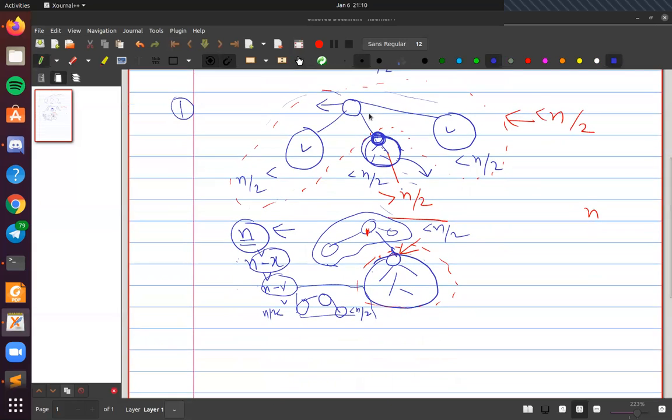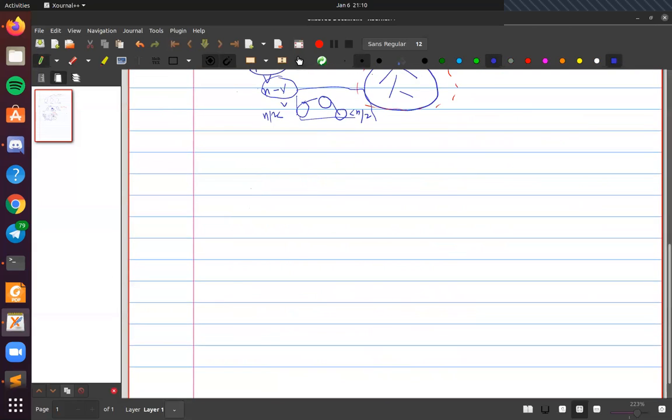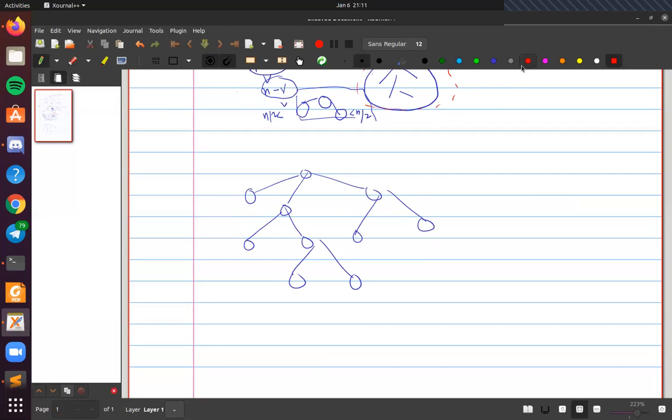So for example, if I take this one, what we do is first assign the size of the subtrees.